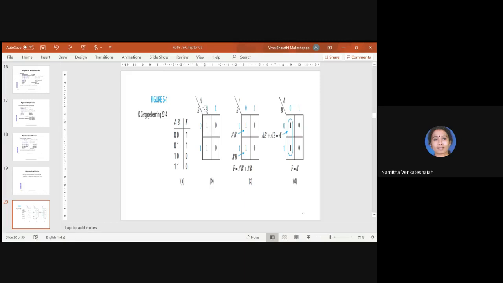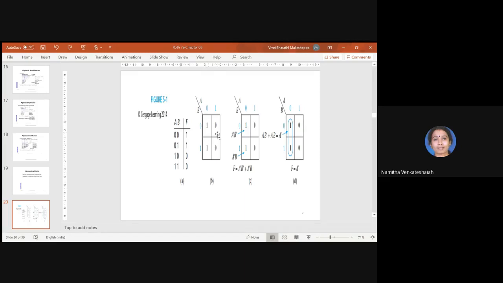So now, in this box, the value of A is 0 and the value of B is 0. So A is 0, B is 0 means this corresponds to the first row of the truth table.